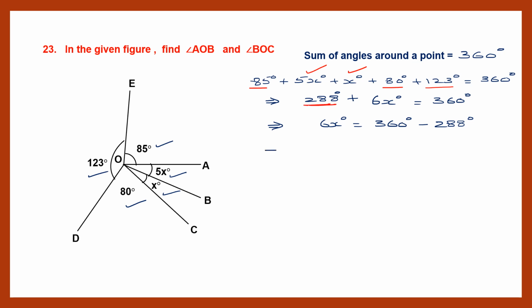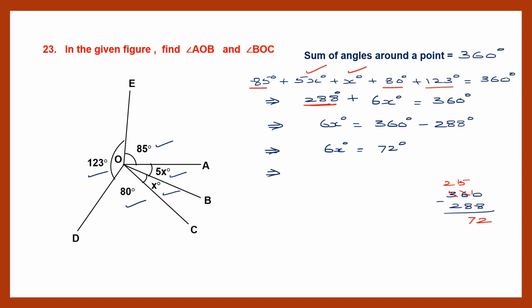So now what is the value of 6x degrees? So let's subtract this. 360 minus 288, let's borrow. So this is 5, 10. 10 minus 8 is 2. Again we need to borrow. So 15 minus 8 is 7. So that is 72. So 6x degrees is 72.